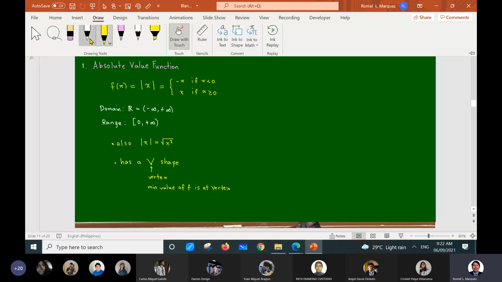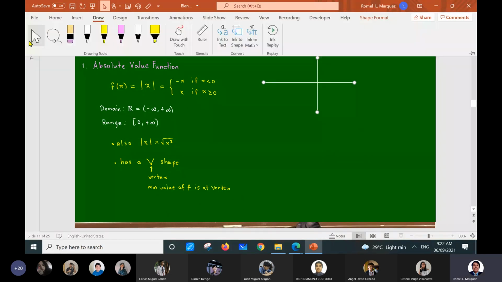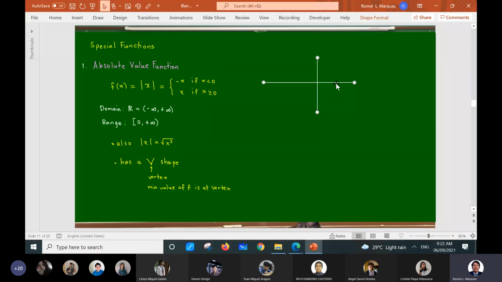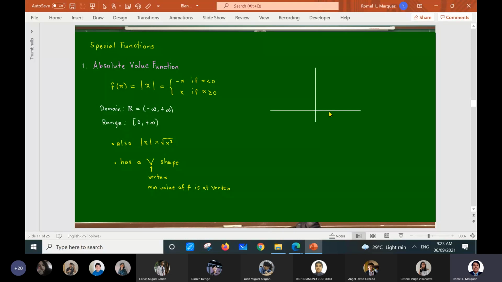How does the graph look like, children? Again, the graph looks like a V shape, no? With the vertex at the origin, no? Get it, guys? Let's have 1, 2. So this is the shape.